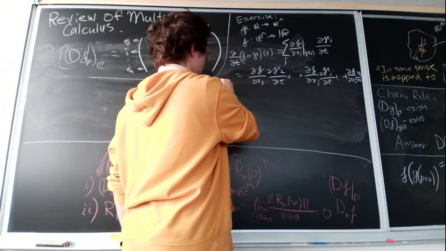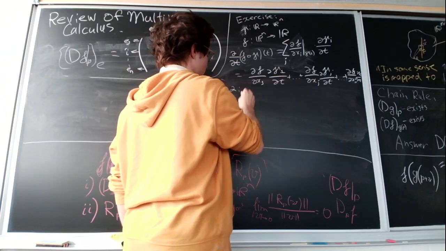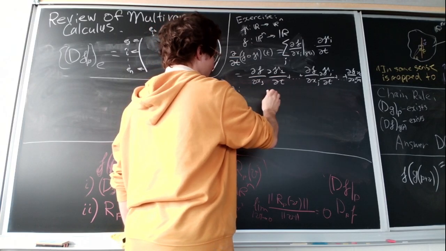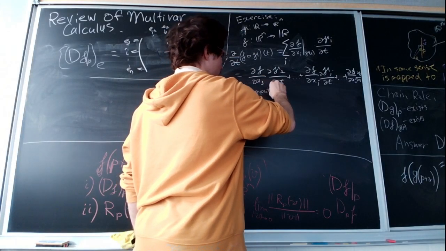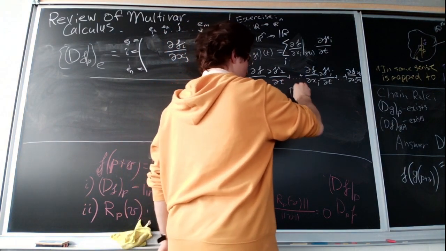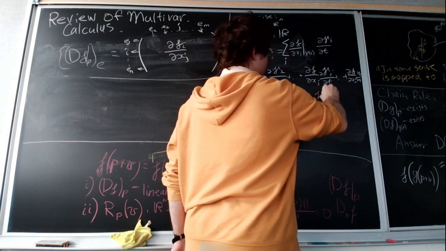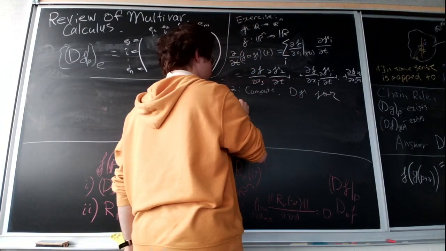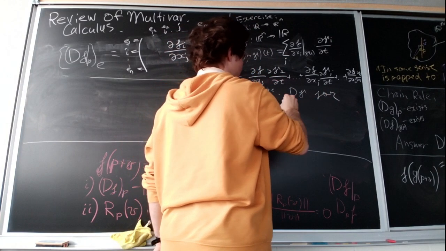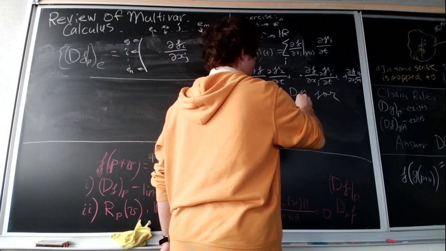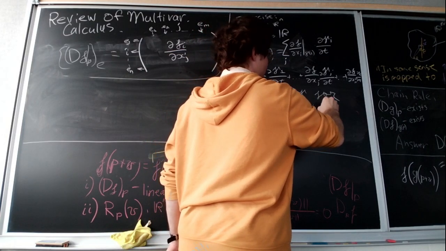Another exercise, exercise 2. Maybe I should just post them and not write them. Exercise 2 is compute d gamma for gamma that takes t and sends it to cosine of t, sine of t.